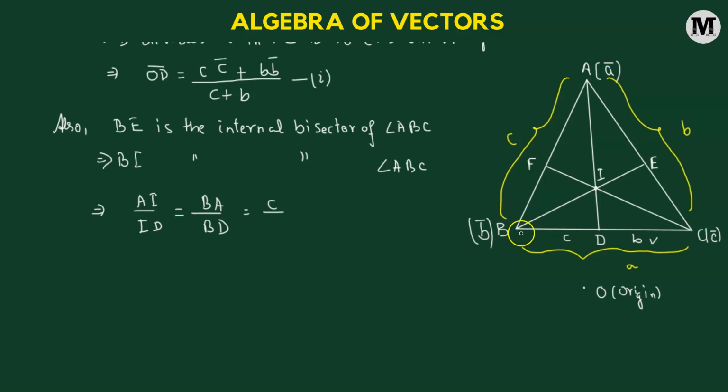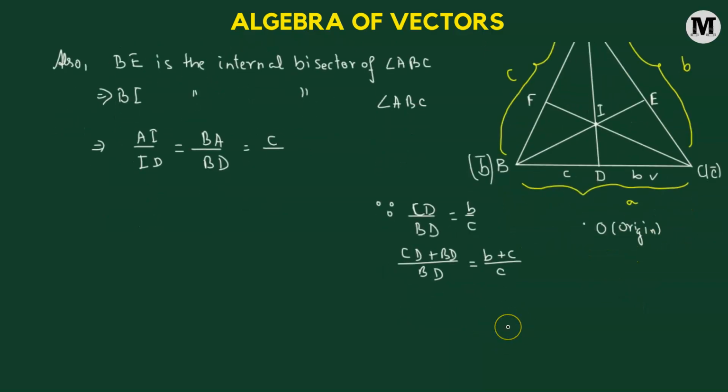In order to find the length of BD, we're going to use a little bit of geometry. Since the ratio of CD to BD is B is to C, we can add 1 to both sides to get CD plus BD divided by BD equals B plus C divided by C. All we have done is add 1 to both sides.